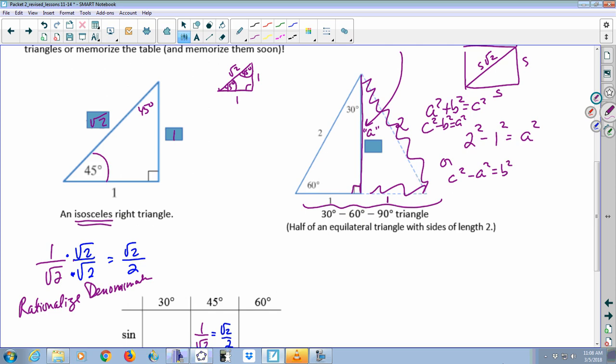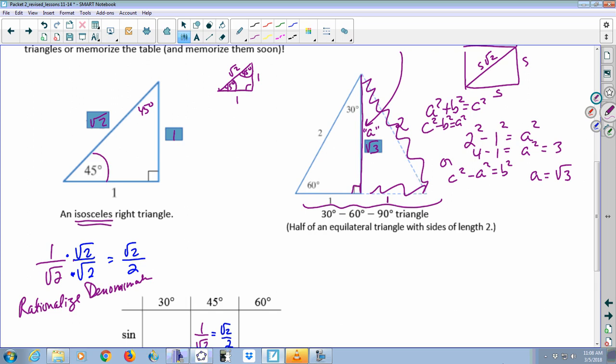So 2 squared is 4, 1 squared is 1, so A squared is equal to 3. So since we're dealing with just positive square roots here and not negative, A is the square root of 3. There we go. So now we've got our 3 sides of our right triangle.